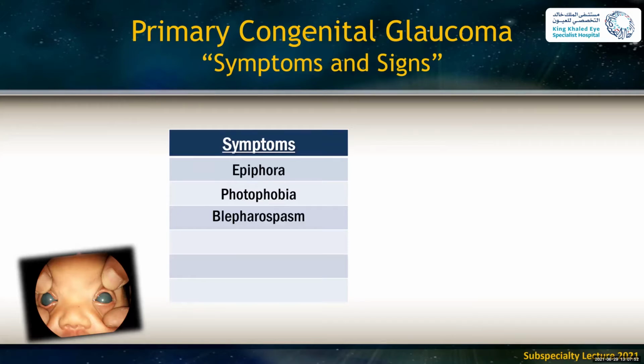Anyhow, what are the symptoms of congenital glaucoma in general? Usually epiphora, excessive tearing, photophobia, and blepharospasm. The child most of the time closes his eyes because he cannot tolerate the light.